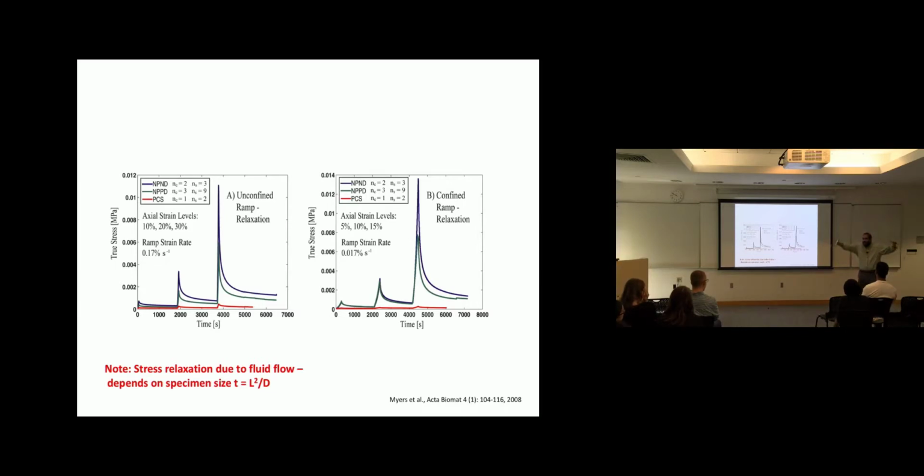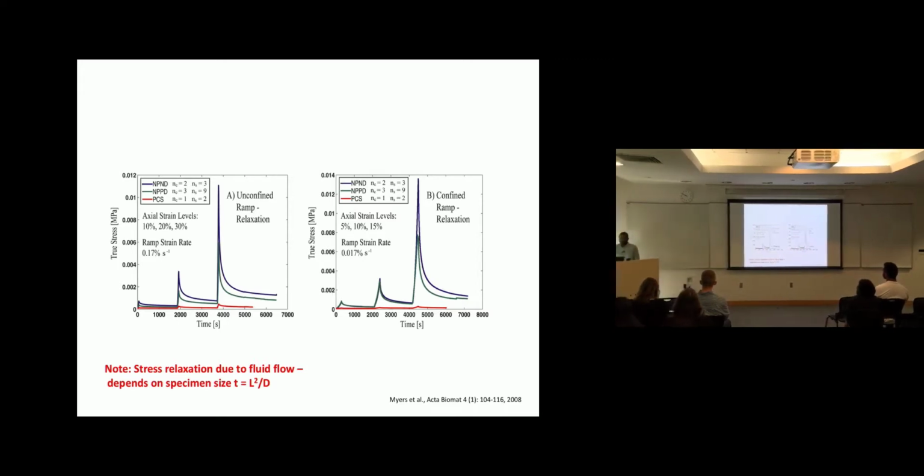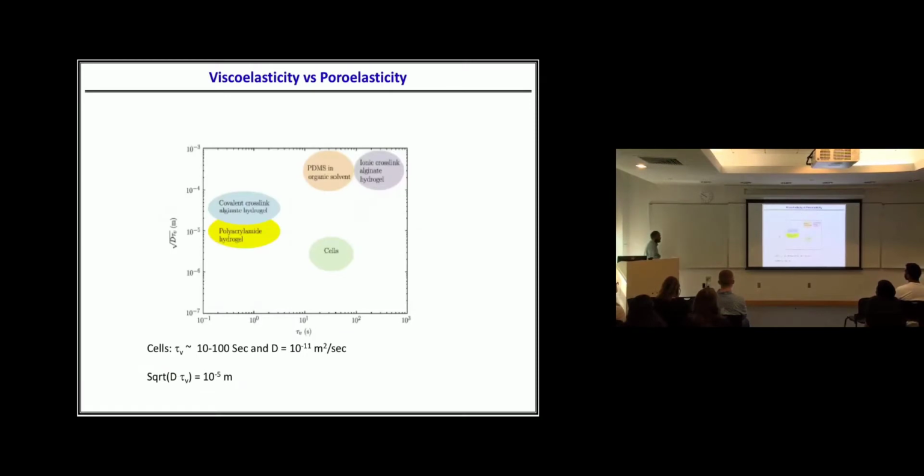If your sample is big, it will take longer. You understand this equation? So the time is L squared divided by D. L is the size of the sample you're testing, and D is the diffusion constant of water. So it turns out that to figure out whether the material is responding through viscoelasticity or poroelasticity, you need to actually plot the characteristic viscoelastic time scales.